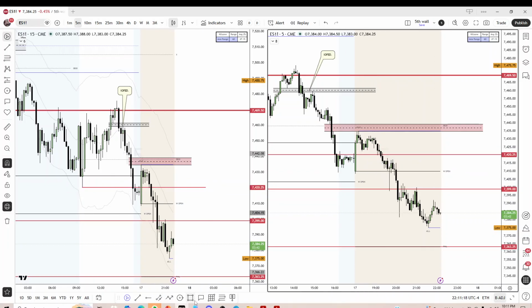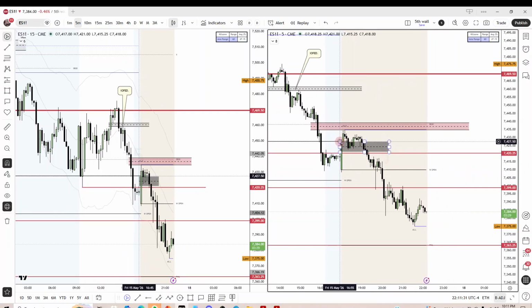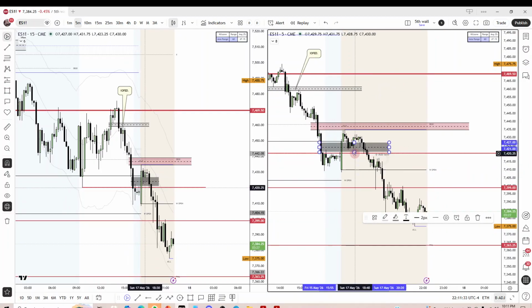And here would be your entry. You could either use this bullish fair value gap or the bearish one here. Maybe let's drag that. Reclaim bearish fair value gap, overlapping.